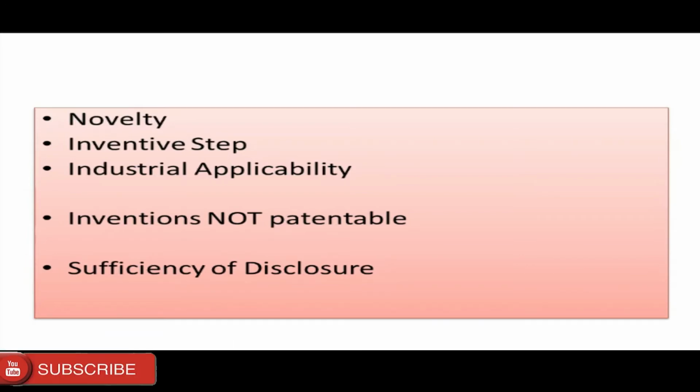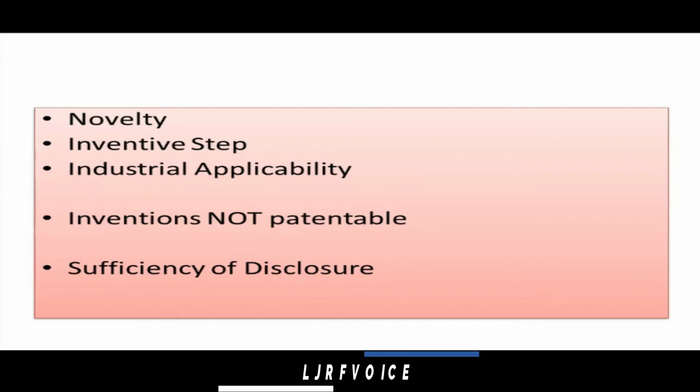Sufficient disclosure is nothing but a disclosure whose level should be such that a person who is an expert in that particular area should be enabled to operationalize the invention and come out with the outcome of the invention, the product or process, whatever it is. So there is a sufficiency test there. So 3+1: novelty, inventive step, and industrial applicability, and sufficiency of disclosure.